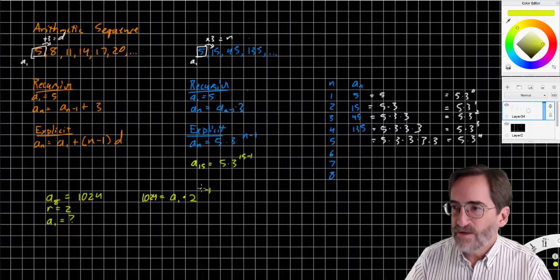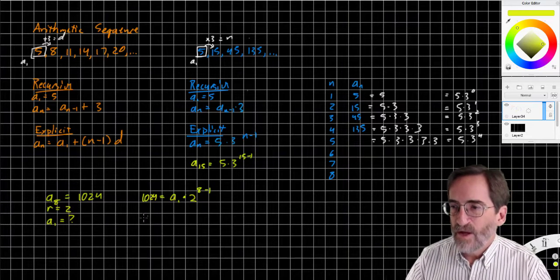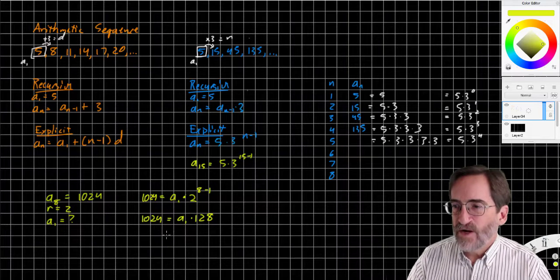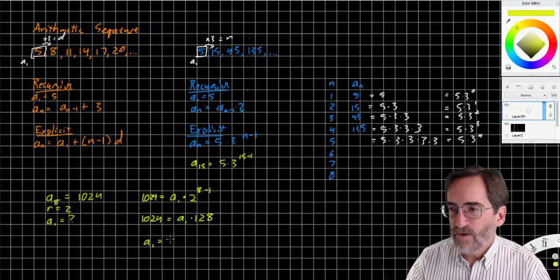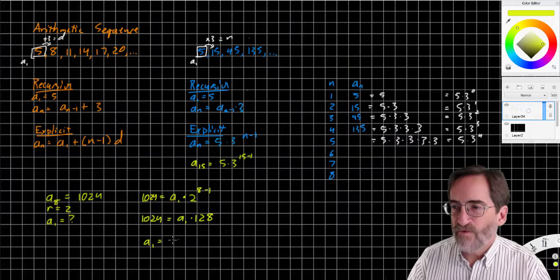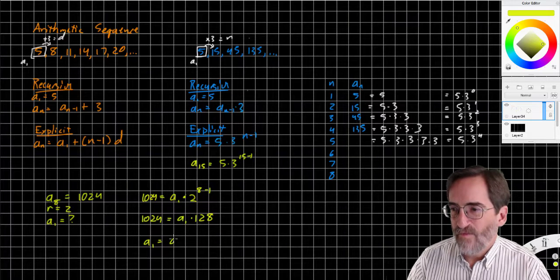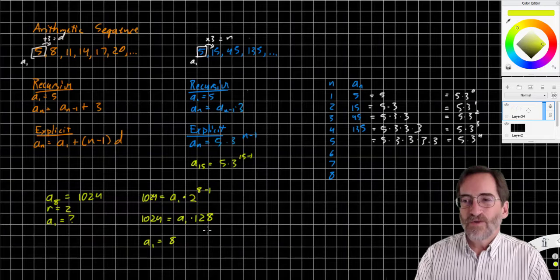And we have 1024 equals a sub 1 times 2 to the 7th, which I believe is 128. Okay, and we can divide. So a sub 1 is 1024 divided by 128, which is 8, right?